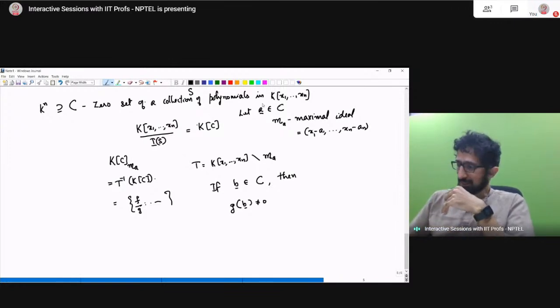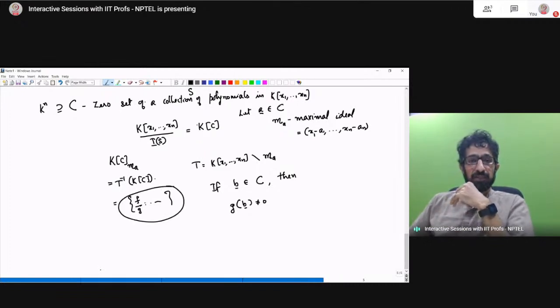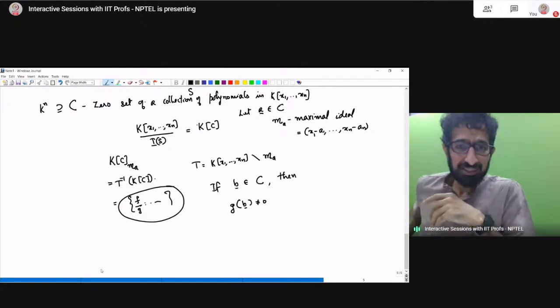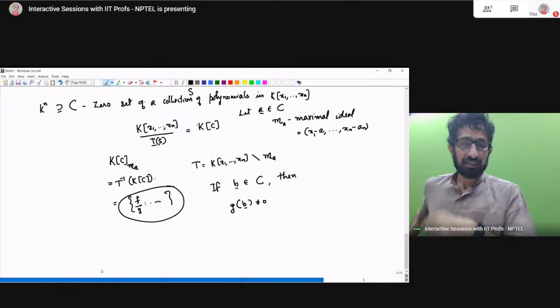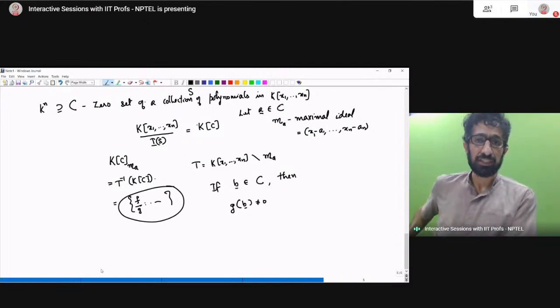Therefore this is the set of all f by g, where f is a polynomial, which you can think of as a map from K^n to K, and f by g makes sense near the point in C. Therefore, this is called the ring of regular functions on C.